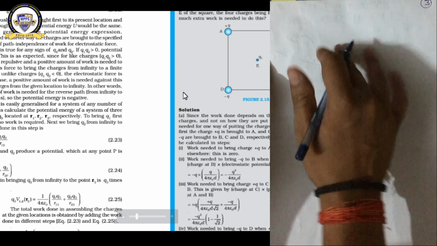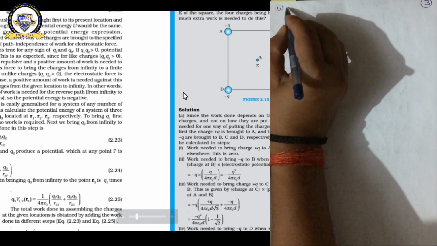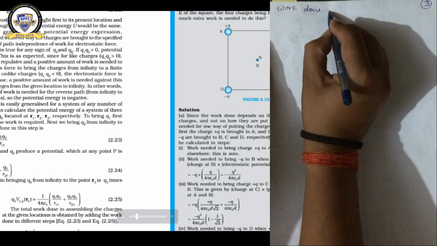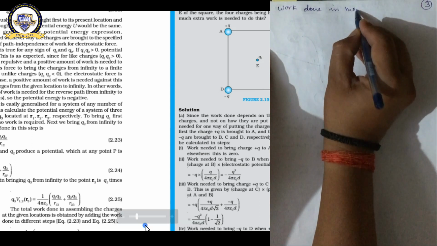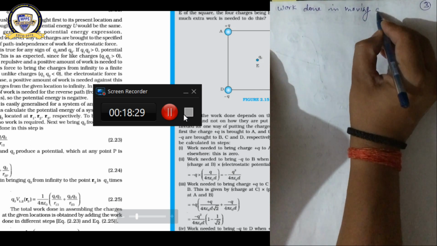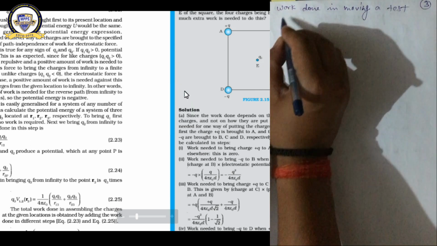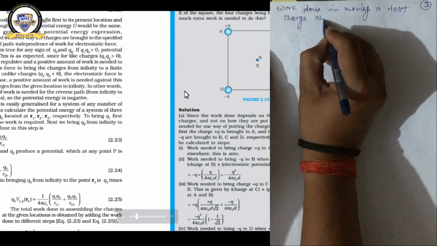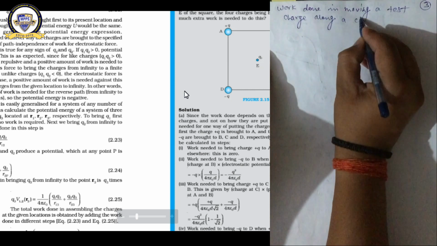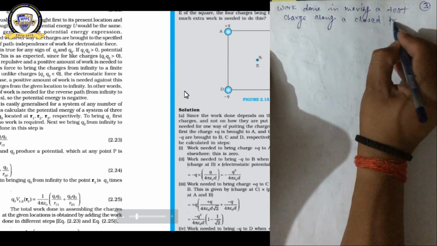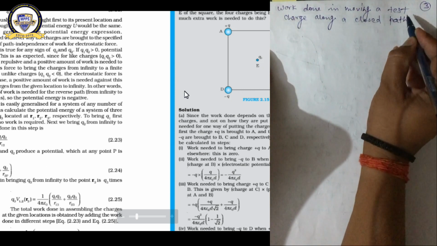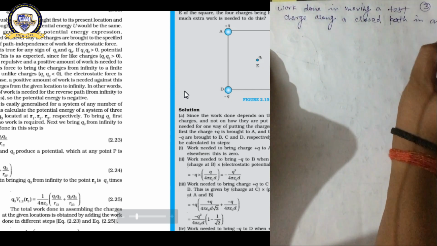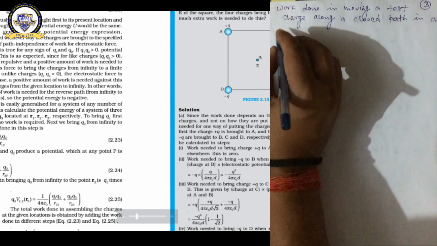So the topic is work done in moving a test charge along a closed path in an electric field.